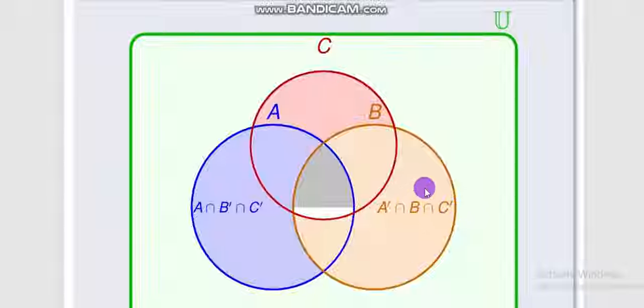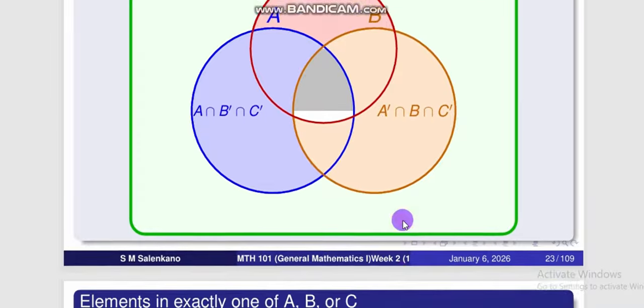You see that we do not put a prime on B because it is inside set B, inside the circle of B. So all elements that are exclusively in B but not in A, not in C are placed here. This is the region for that.